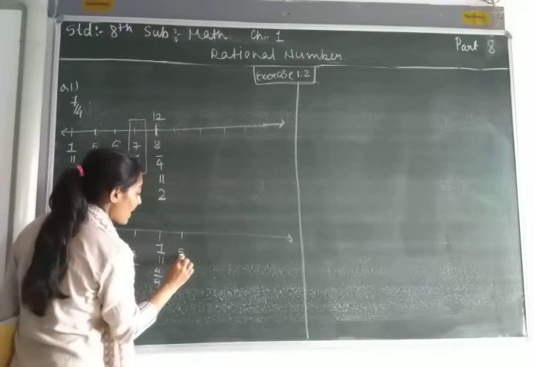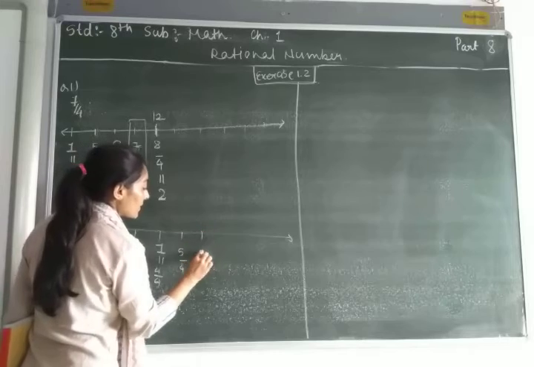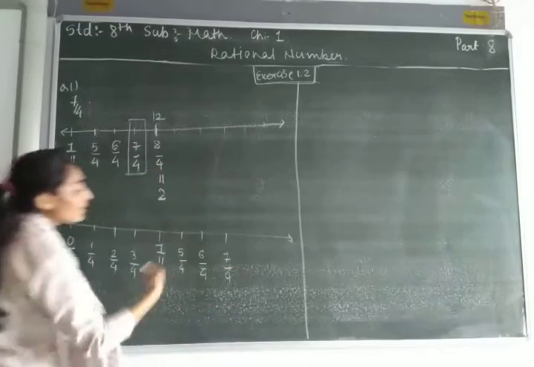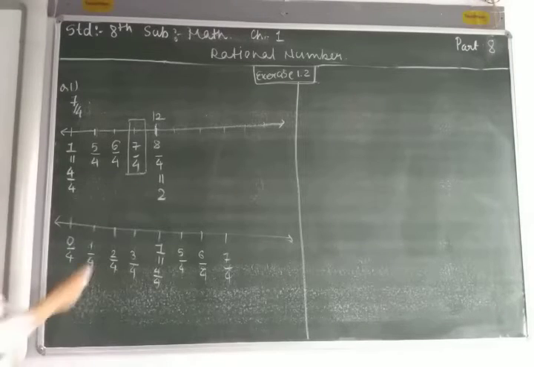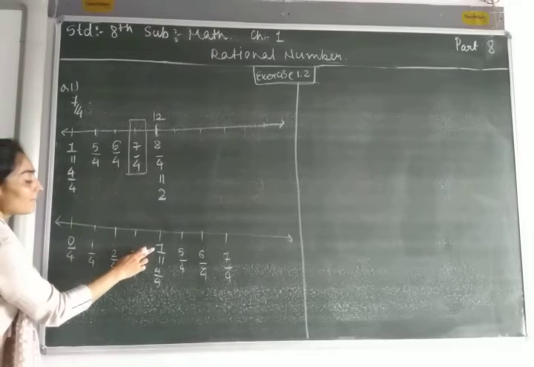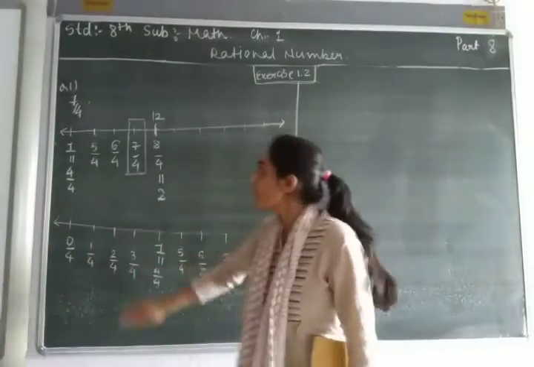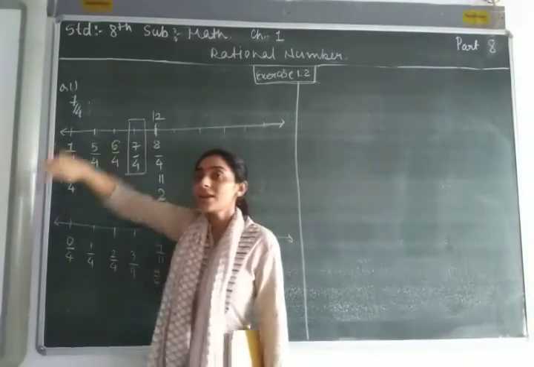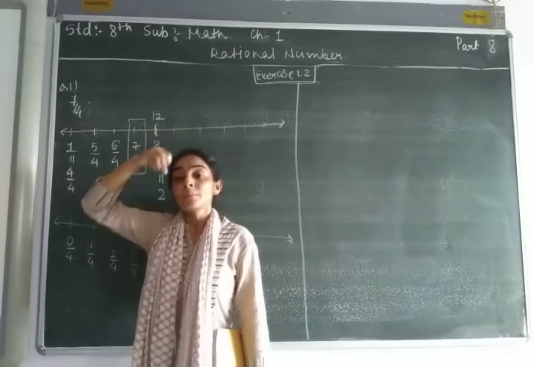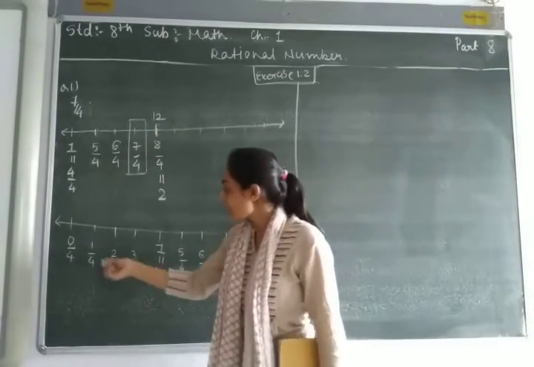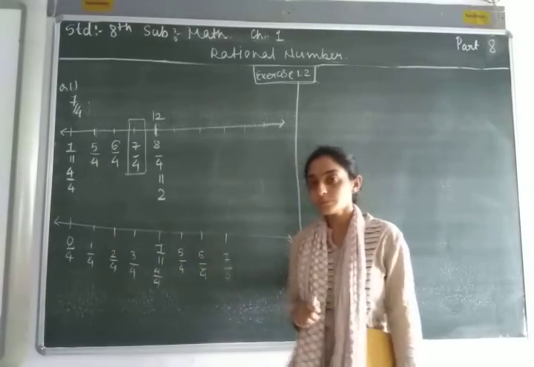Now again 5 by 4, 6 by 4. This number cannot lie between 0 and 1, so I can start my number line with 1 also.